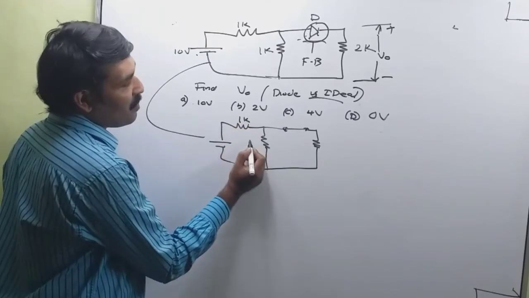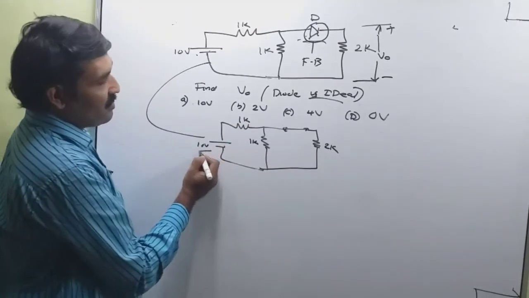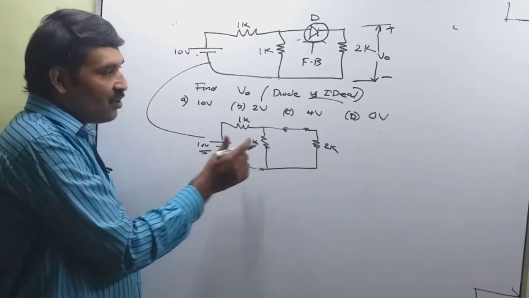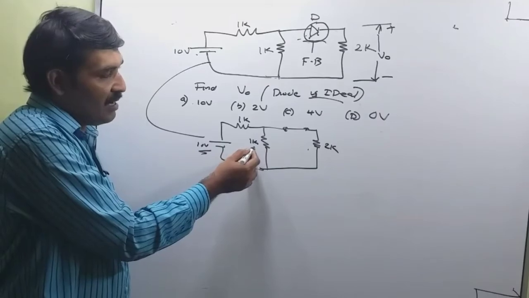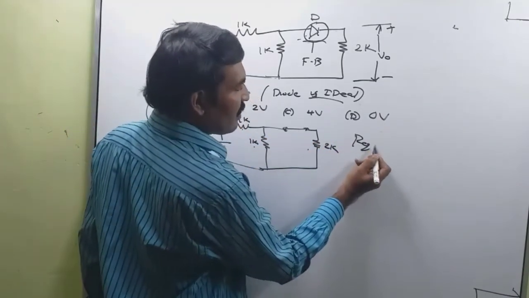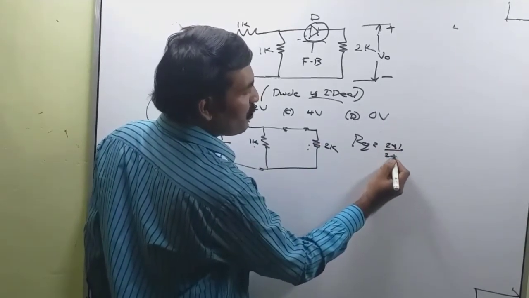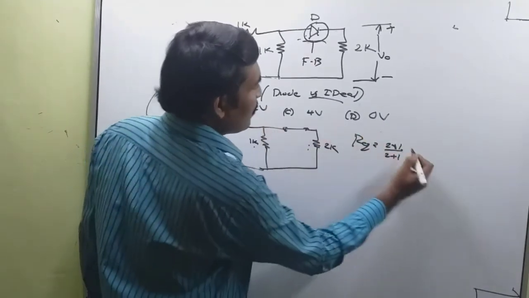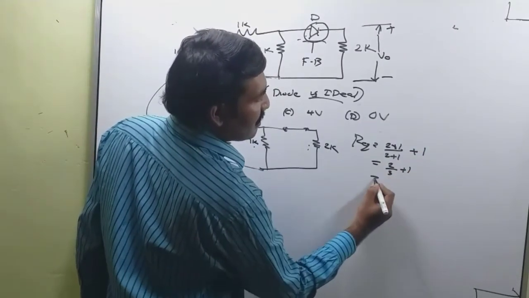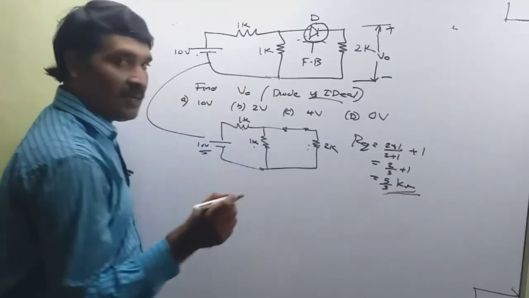This is 1K, 1K and 2K and 10 volt, so this is a simple resistance network. This 2 and 1 are in parallel, which is in series with this. So the equivalent resistance is 2 into 1 divided by 2 plus 1, plus 1 in series, that is 2 by 3 plus 1, equal to 5 by 3 kilo ohm.